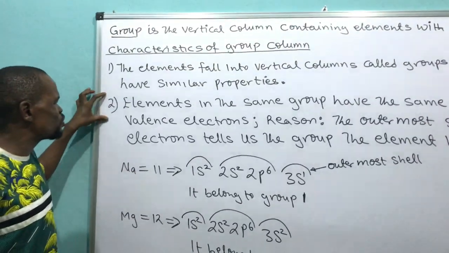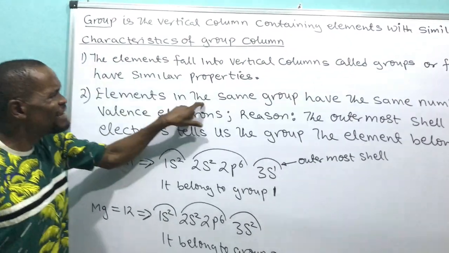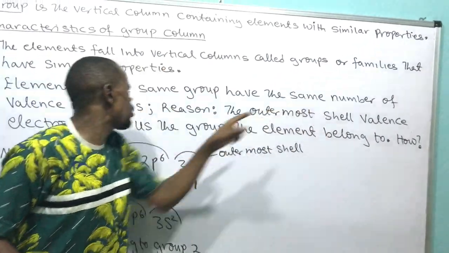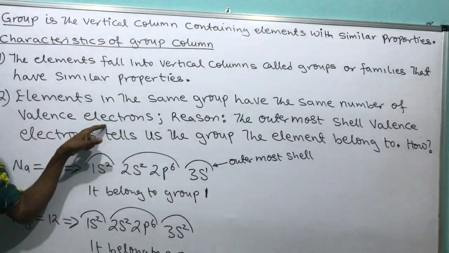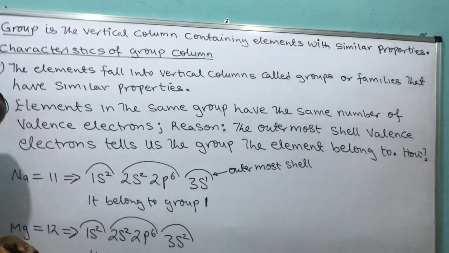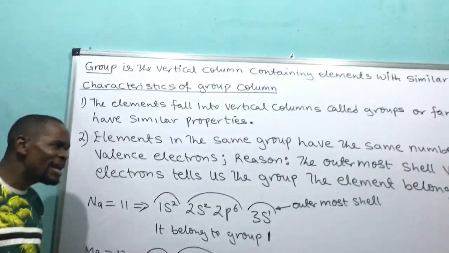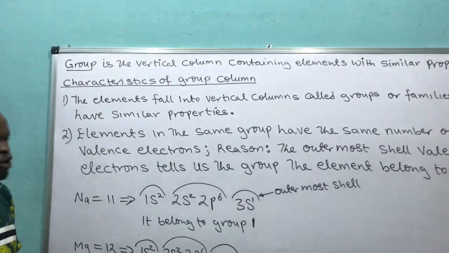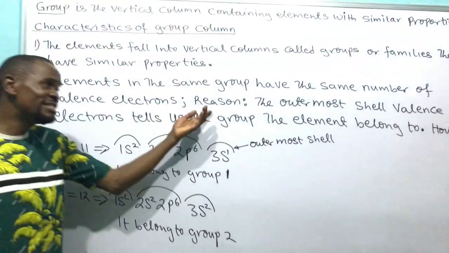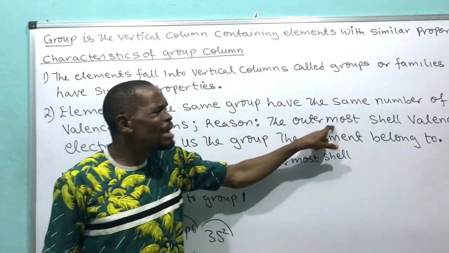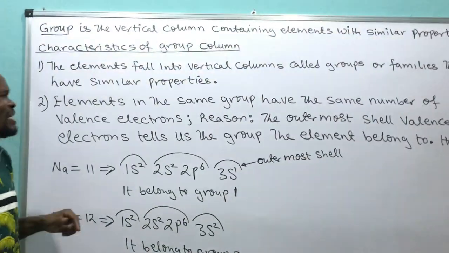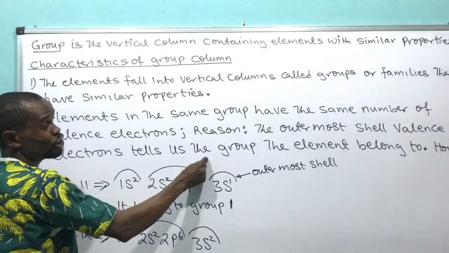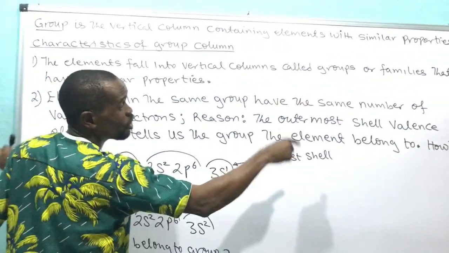Then now, number two, elements in the same group have the same number of valency electrons. Why did I say that? Reason: the outermost shell valency electron tells us the group the element belongs to.